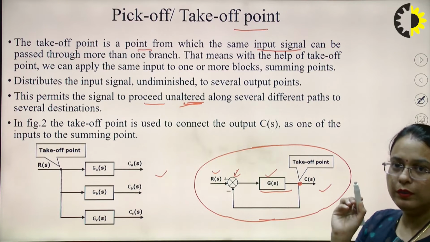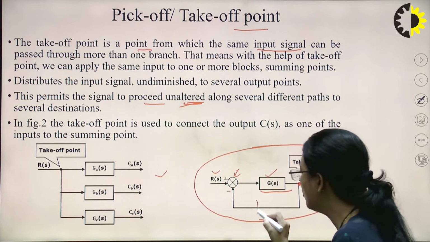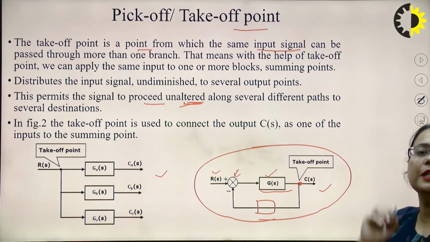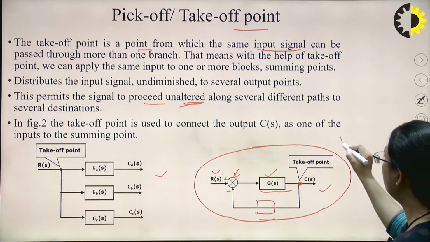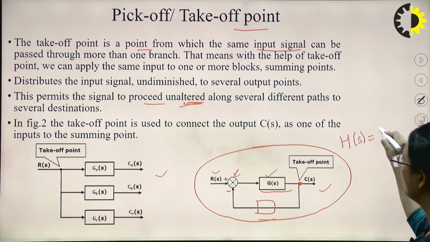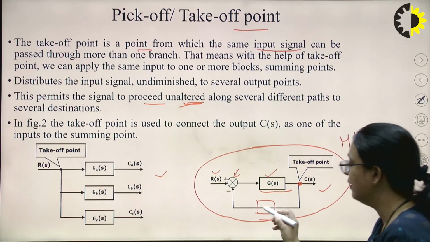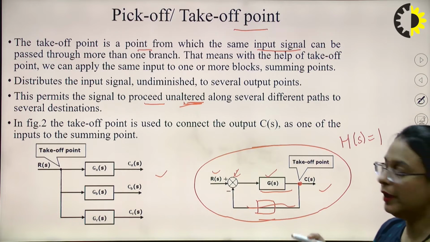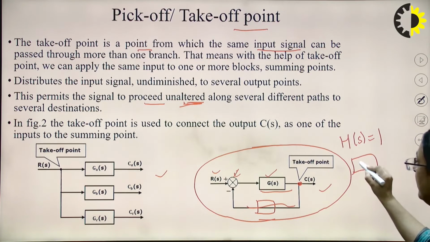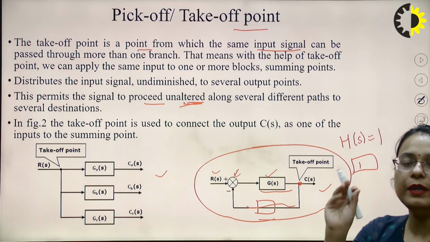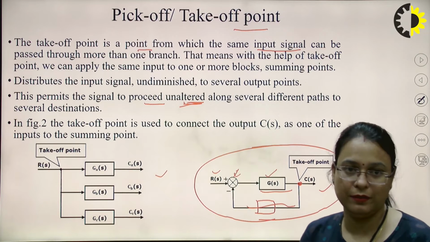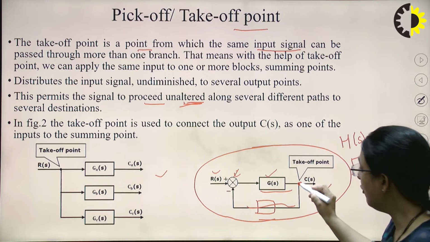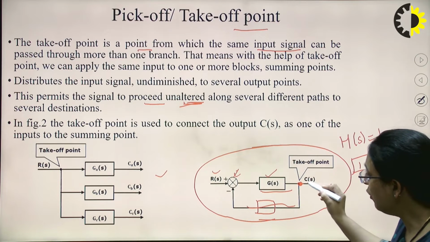Here, first of all, note that this closed loop system is a unity feedback system. Unity feedback means here H(s) is equal to 1. So it is represented by a single line instead of any block. You can also represent it by a block with 1 written inside it.